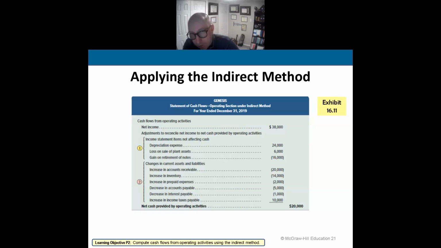It's a little complex, yeah. That's why it's the indirect method. I personally prefer the direct method because it follows the cash. It makes perfect sense. But sometimes you don't have that kind of information, and when you don't, the indirect method is the only other way to do it.